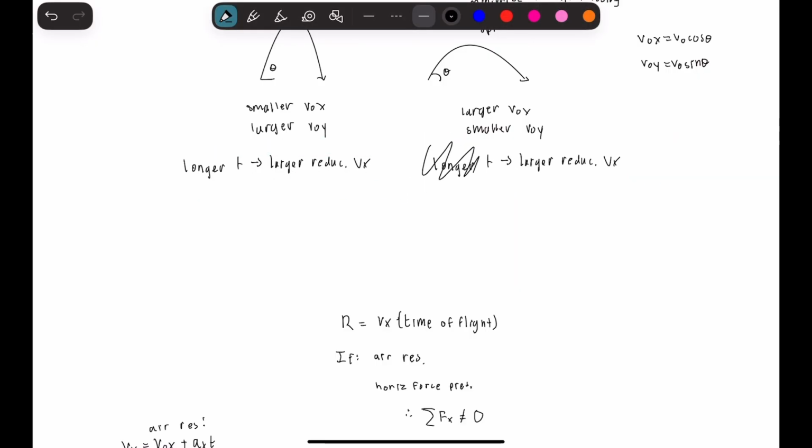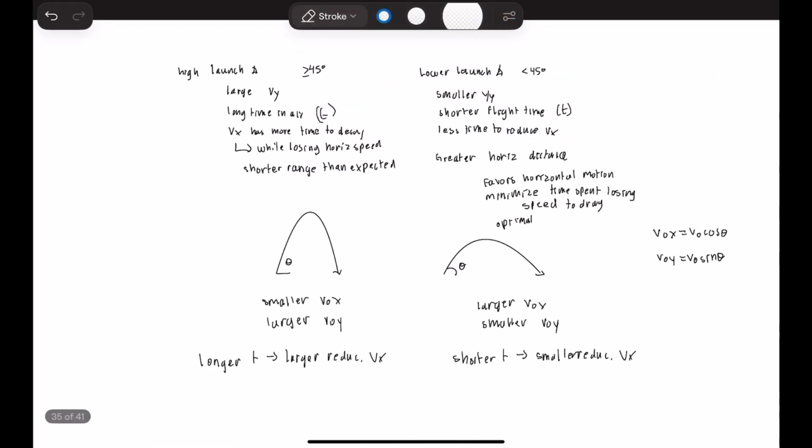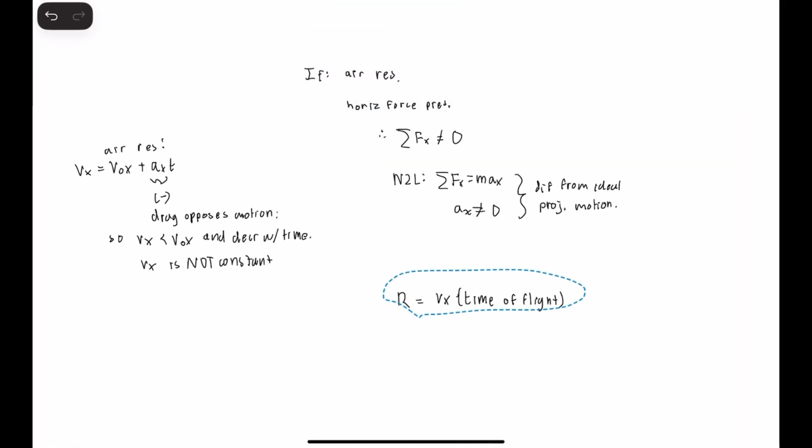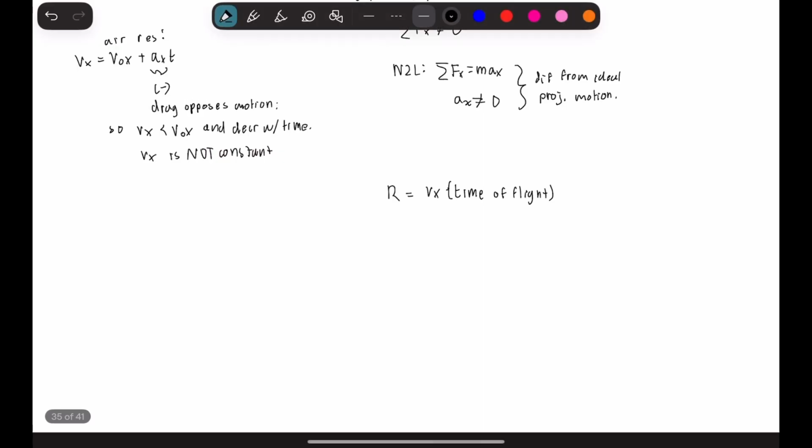However, a shorter T means a smaller reduction in Vx. And if you connect this back to the range, that means at high angles you have a long T but a very small average Vx, and at lower angles you have a shorter T but a much larger average Vx. And that's because air resistance reduces Vx, so preserving the horizontal speed is more important than staying in the air longer.